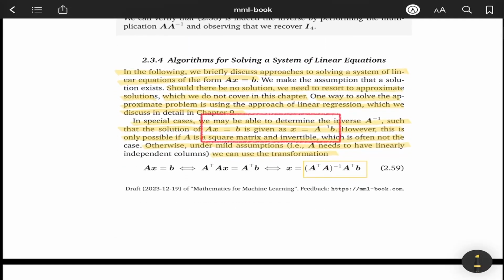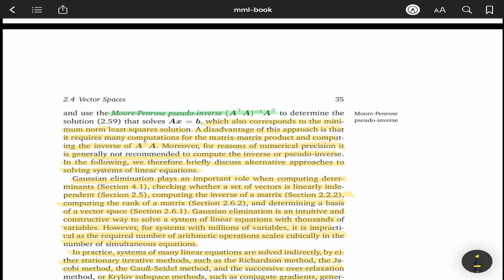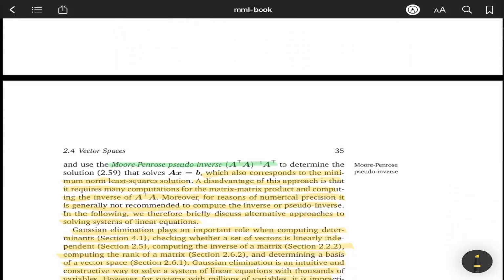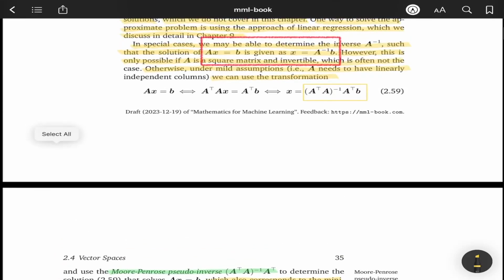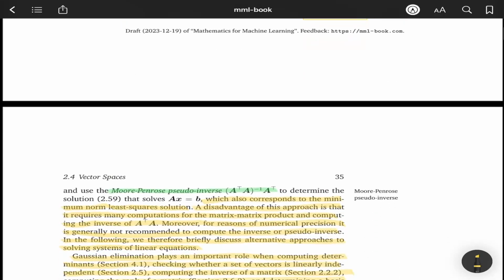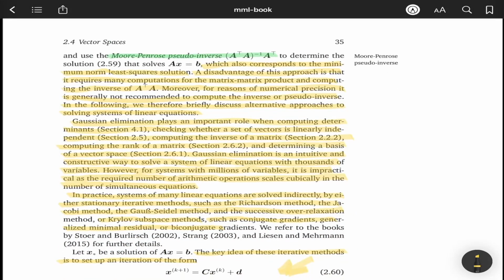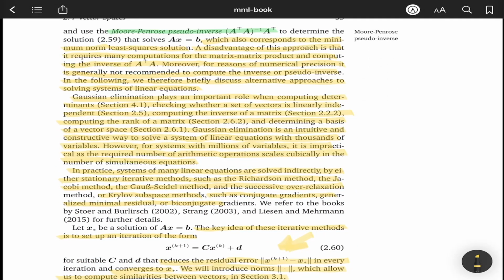This transformation is quite interesting, that we can have this general Moore-Penrose pseudo-inverse. If we have that, we just plug b in and then we have the solution. But this one is super expensive. That's why we don't want to do it. And Gaussian elimination is also super expensive once the matrix is large.